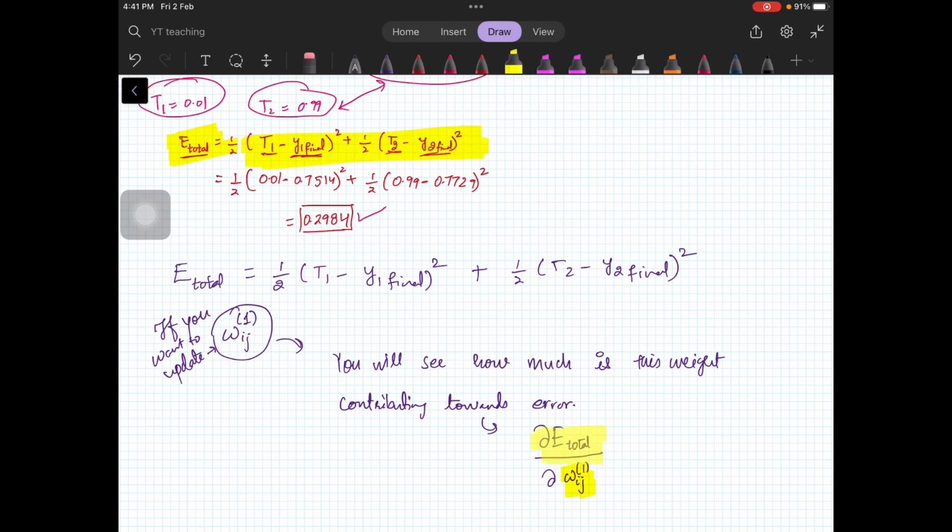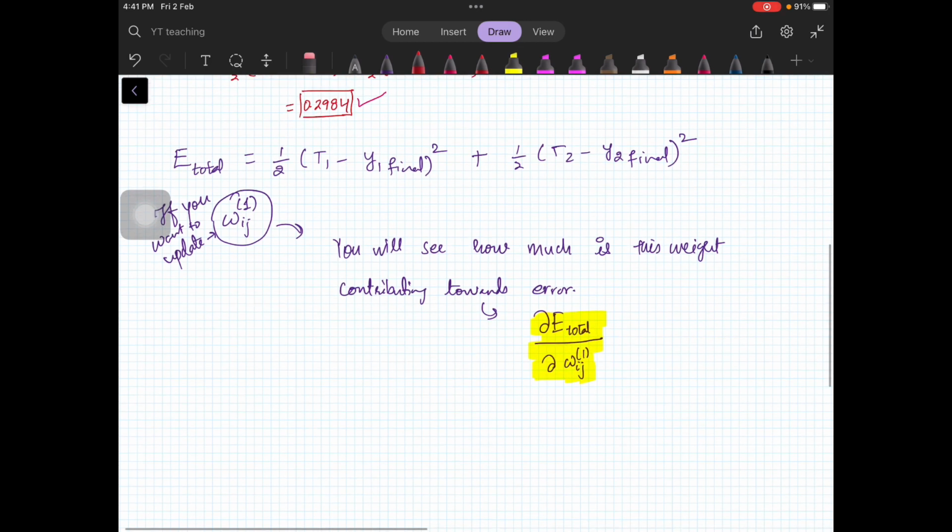We will calculate this, and then update our weight: the new weight will be the old weight minus the learning rate eta times the partial derivative of E total with respect to wij. This is the same thing we did in perceptron training.